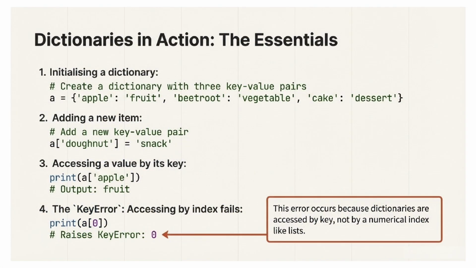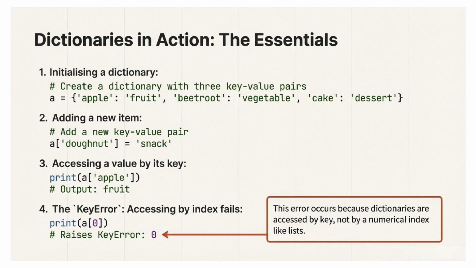First, we initialize a dictionary using curly braces and key value pairs. Then we add a new item by assigning a value to a new key. Accessing data is done using the key inside square brackets, not an index like we have in a list. An important takeaway is the KeyError.